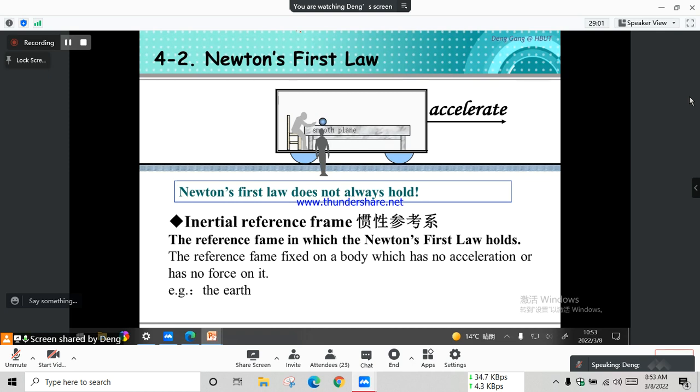But in most cases, when we discuss the motion of an object on the surface of the Earth, we can treat it as an inertial reference frame. So Newton's first law is only valid in an inertial reference frame.